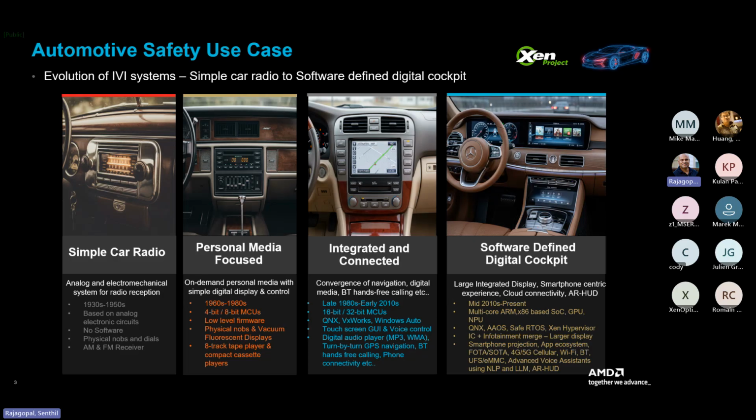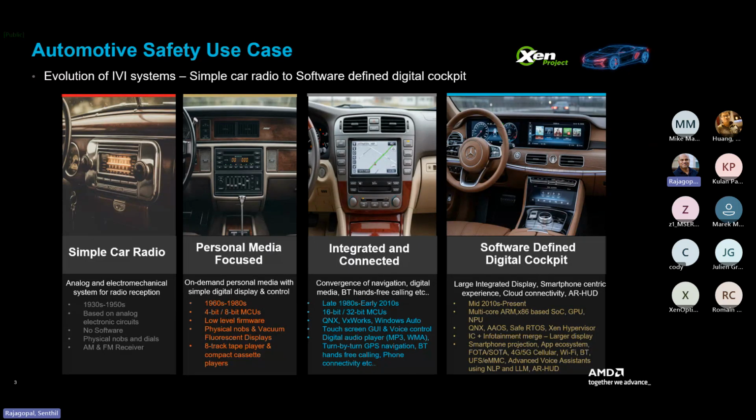Then we moved towards personal media, meaning customers wanted to have their own media experience in the cars. It started with 4-bit to 8-bit microcontroller based systems with simple firmware, where customers could have a cassette player or some media disk.